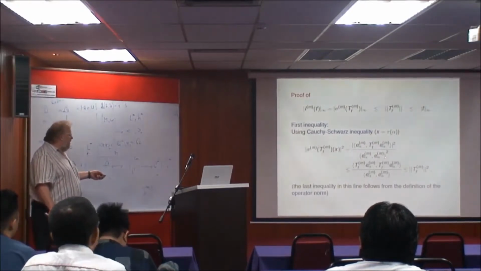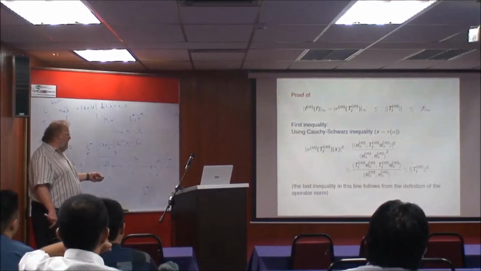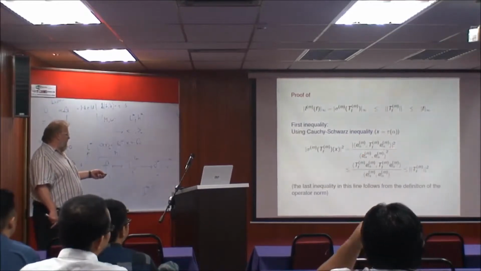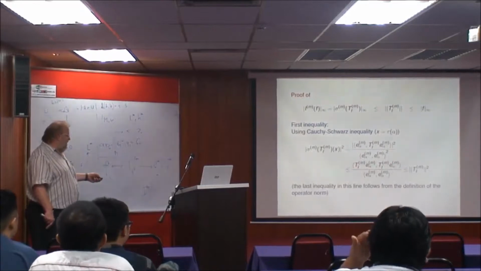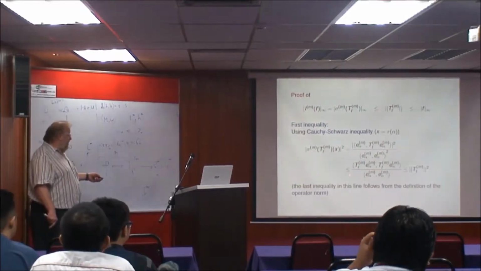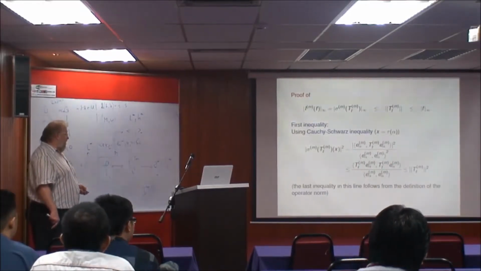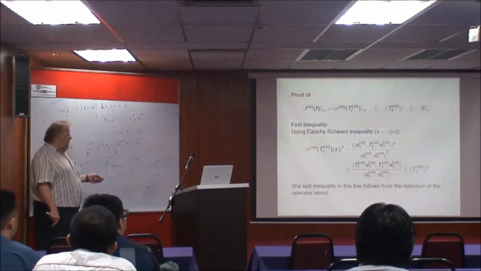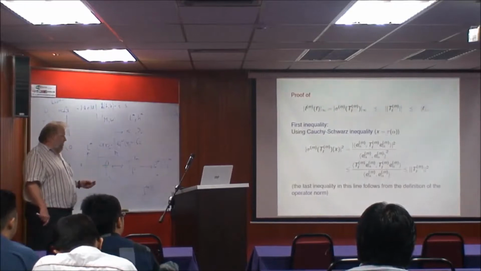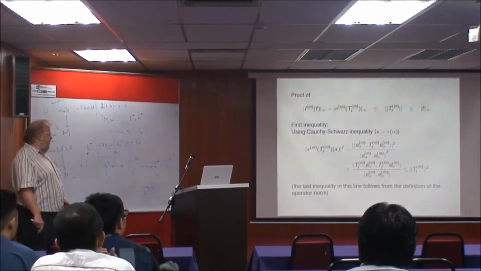We revise the definition of this covariant symbol there. This is the definition of the covariant symbol, and then by Cauchy-Schwarz we obtain this relation there, and then this is of course bounded, you see here, by the norm of T_f. So okay, just Cauchy-Schwarz, just estimation.